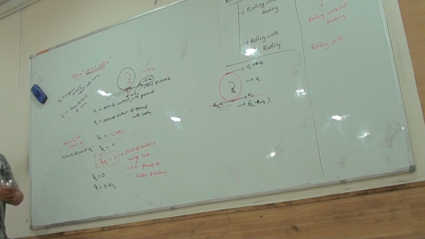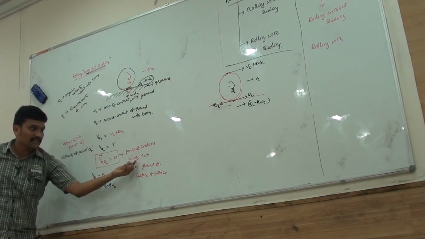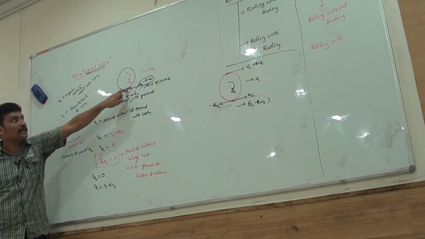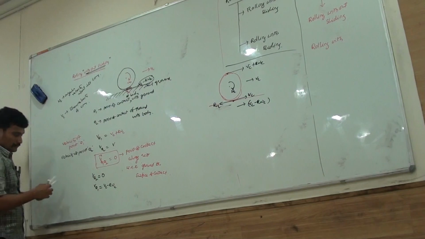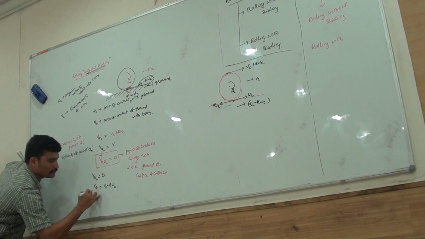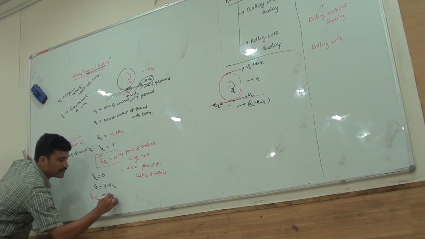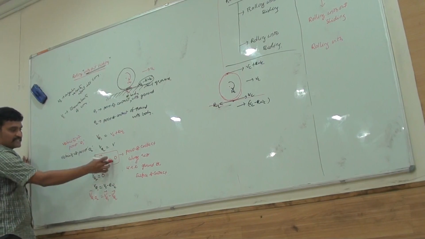So what's happening here? When the body rolls without sliding, the point of contact is always at rest. That means Q1 is at rest with respect to Q2. The relative velocity VQ1Q2 equals VQ1 minus VQ2, and it is always 0.